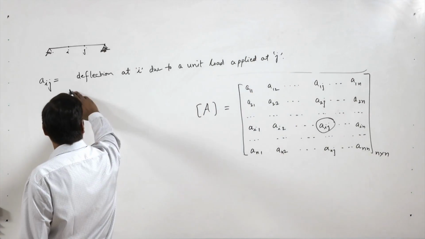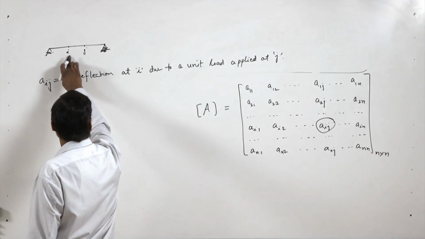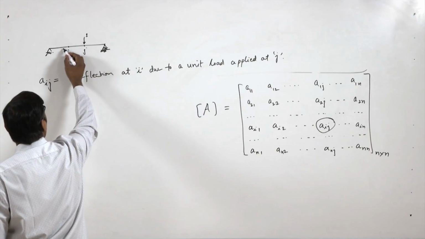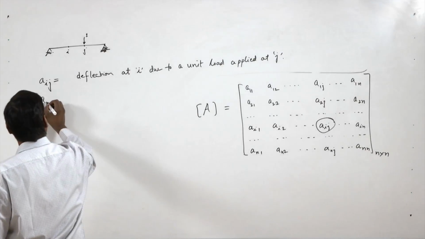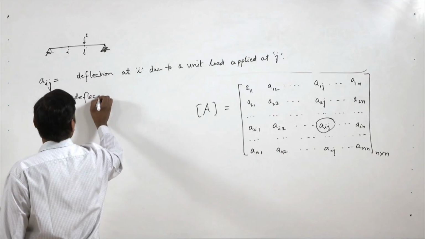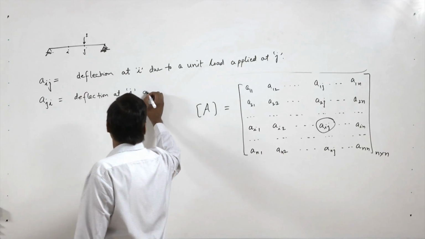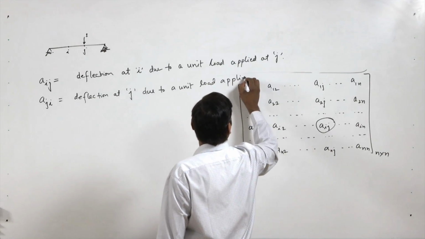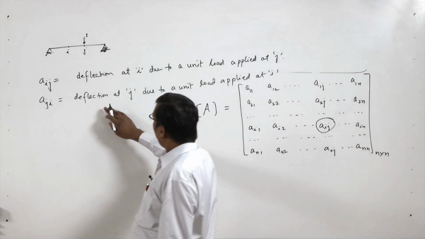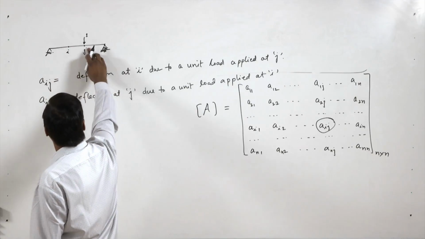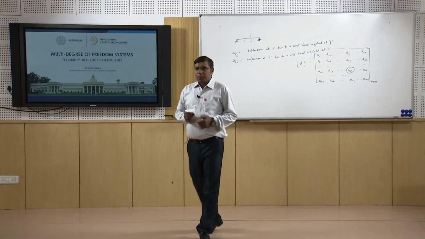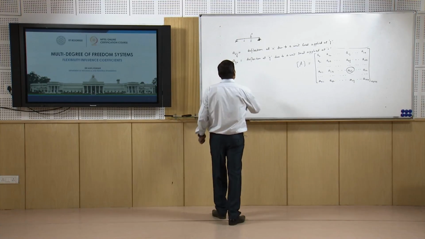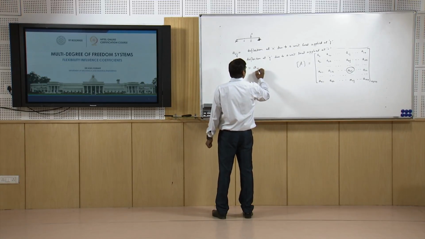So the flexibility influence coefficient A ij is defined as the deflection at I when we apply a unit load at J, and we measure what is the deflection that is coming here, and that is A ij. Similarly, A ji is the deflection at J due to a unit load applied at I. So here we are applying a unit load at I and measuring deflection at J. Now Maxwell's reciprocal theorem states that A ij is equal to A ji.